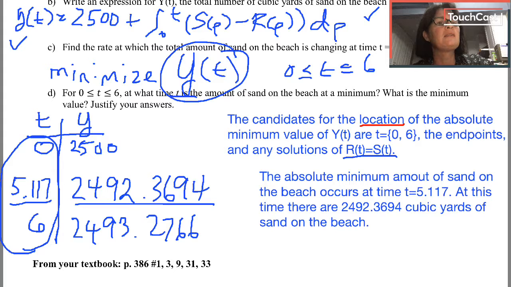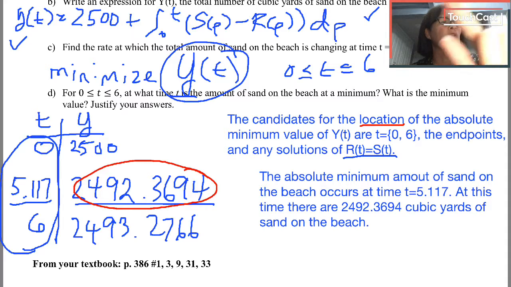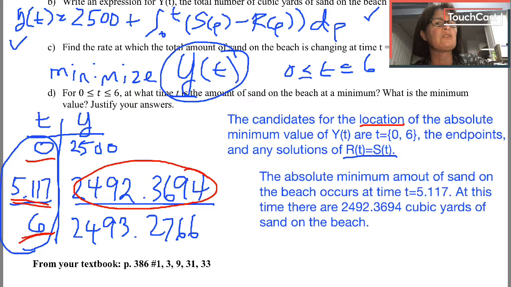Because the minimum value of y is a y value. What we're trying to justify is our reason for only checking those three inputs. So you have to be careful that you're referring to whatever the quantity for the input is. If you don't feel like you've really understood that, then make sure you're saying the location instead of saying the absolute minimum.